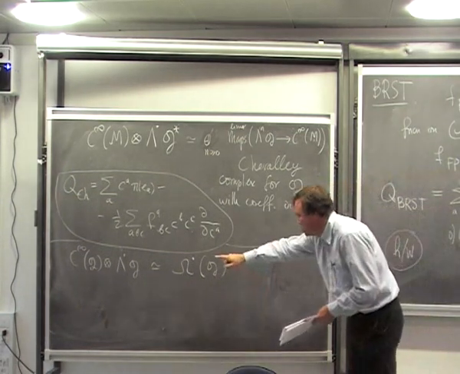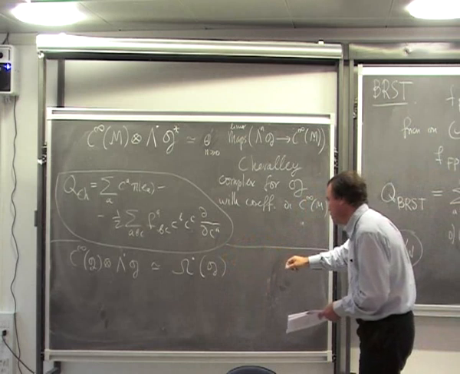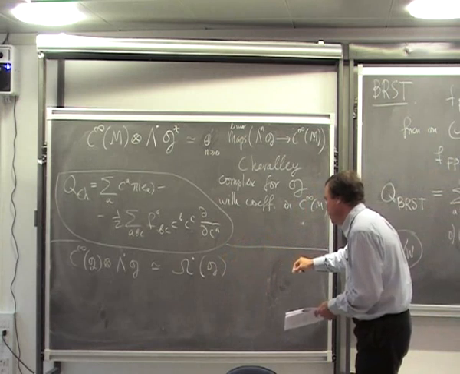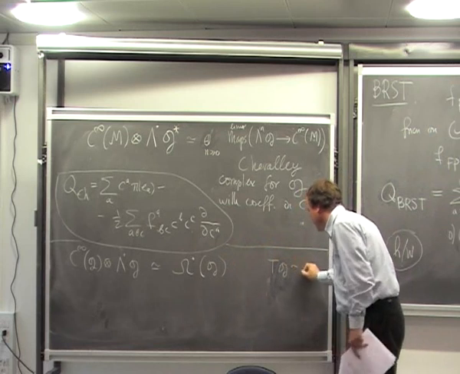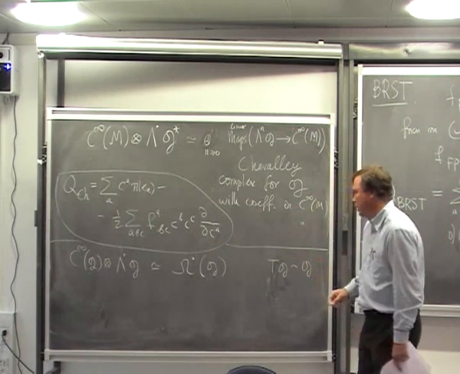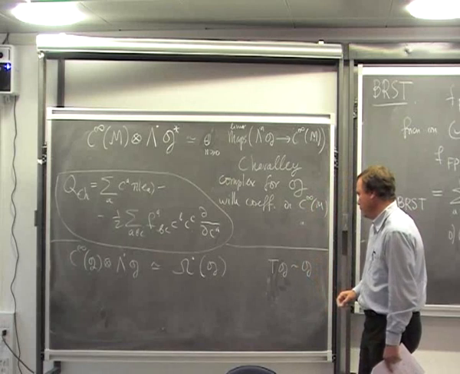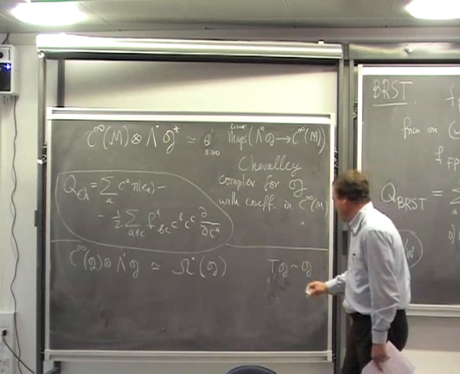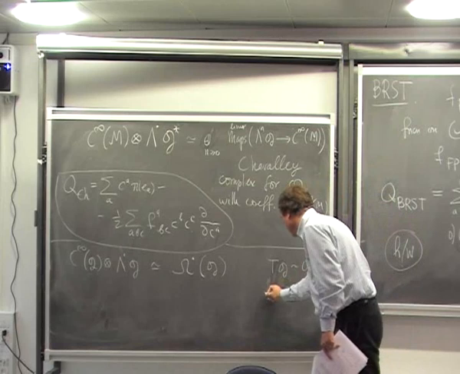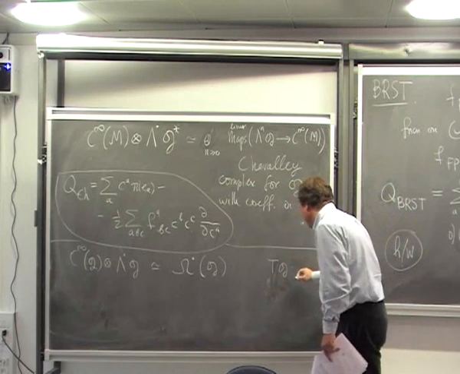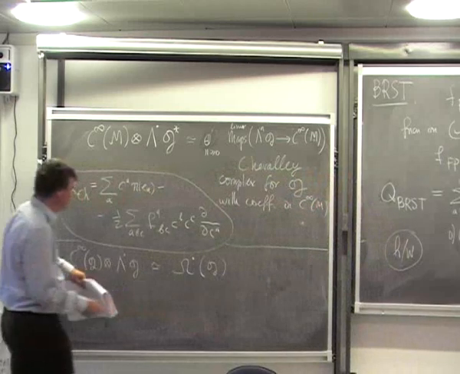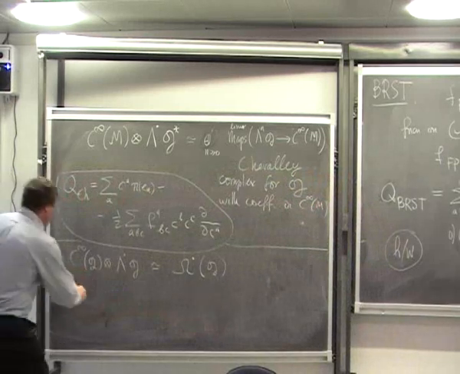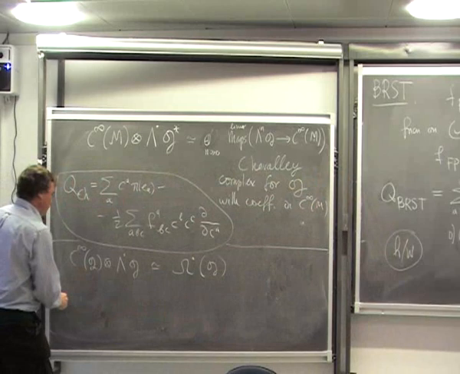So I just want to check the polarity here. The tangent space to G is G again, and forms. It looks right. Actually wrong, sorry.